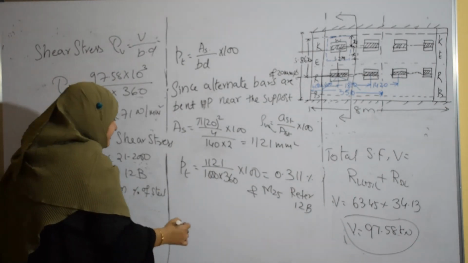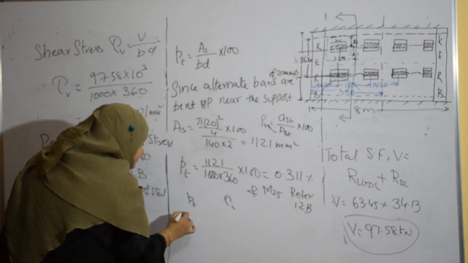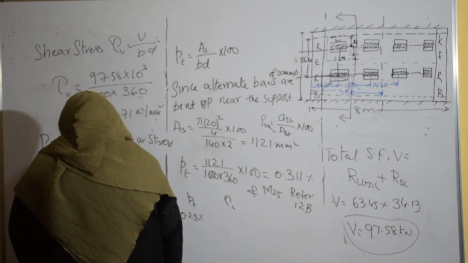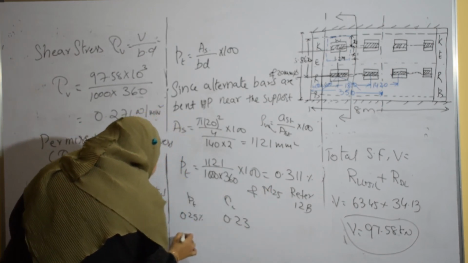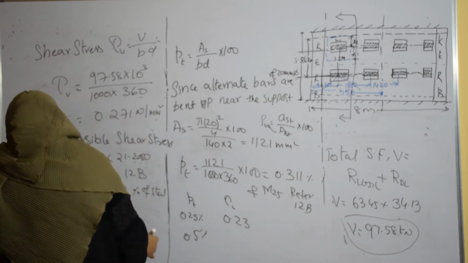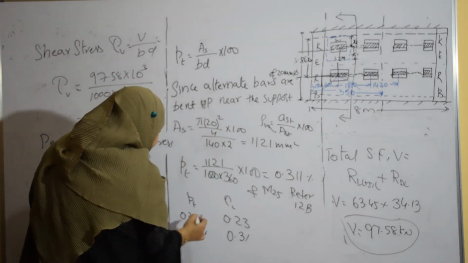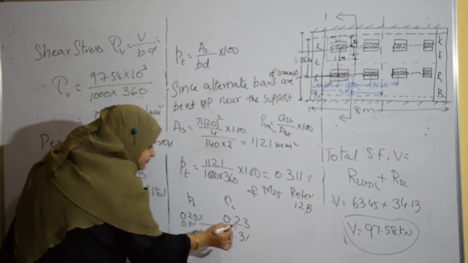From 12A, percentage of steel and tau C: for 0.25% of steel we have tau C as 0.23. The next value given is for 0.5% of steel, the permissible stress is 0.31. Our percentage is 0.311, so this is how much we have to calculate.